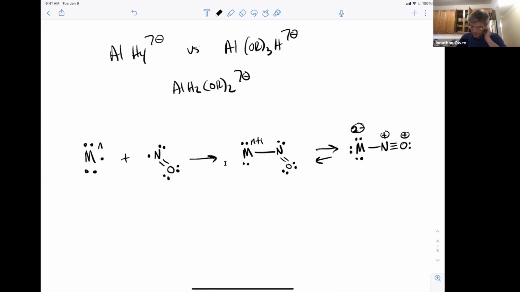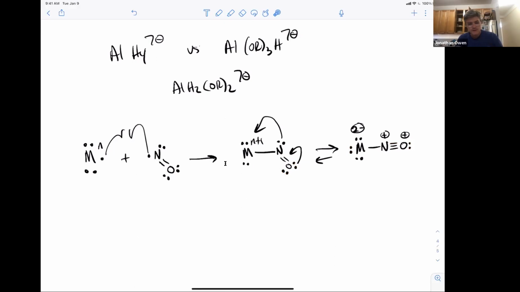Look at what we did there. In this case, we took these two single electrons and we made a connection. In this case, we pushed those electrons toward the nitrogen and we pushed those electrons toward the metal. And now you have two electrons over here and only two electrons instead of four. You have a new bond also.